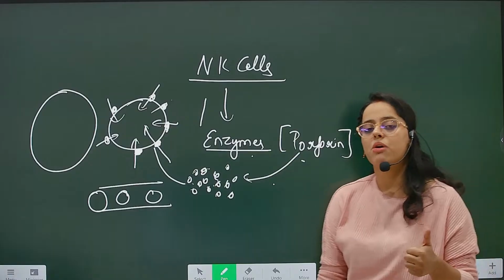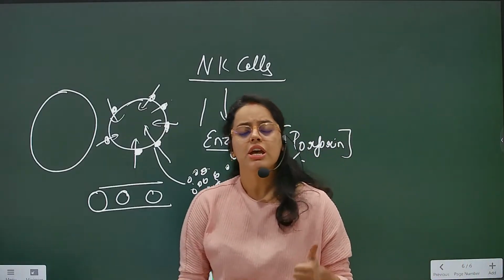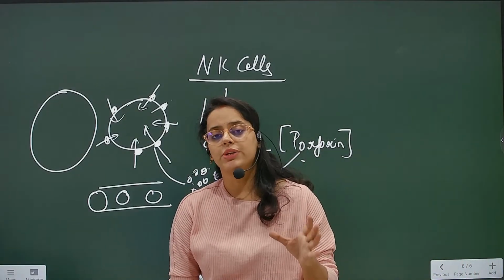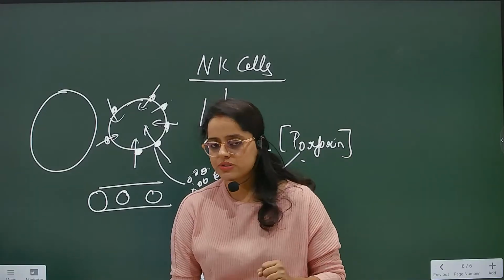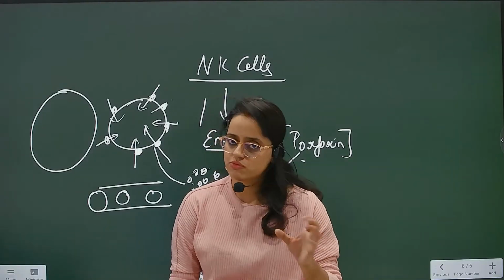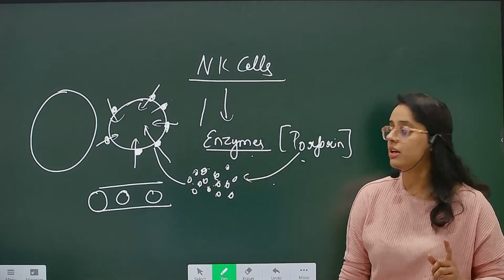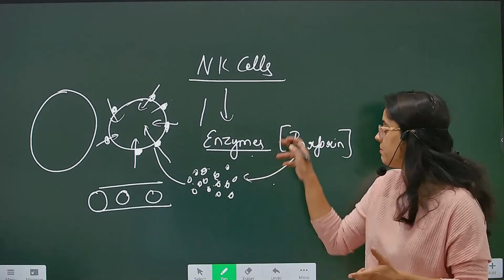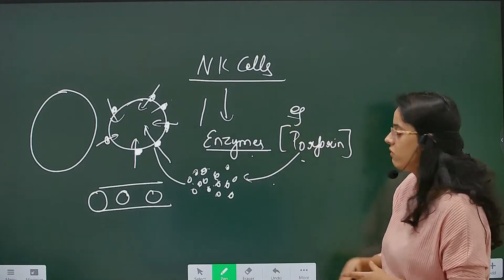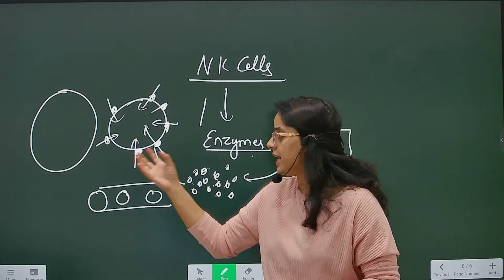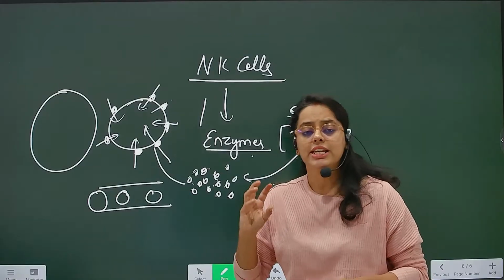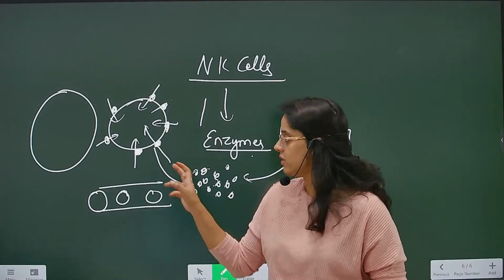Now we have learned about the functions of macrophages. Macrophages, what do they do? They do phagocytosis. Monocytes also do phagocytosis. Neutrophils also do phagocytosis. But natural killer cells secrete certain enzymes. For example, in your material, the example is porphyrin. Porphyrin attaches to the plasma membrane. It increases the size of the pores of the bacterial cell.